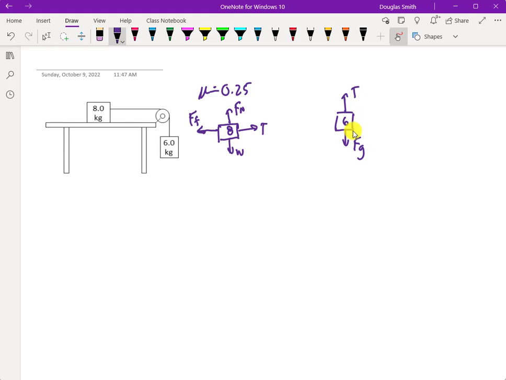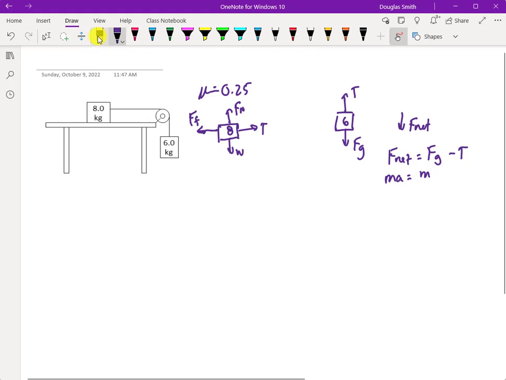We'll start with this one because we can kind of figure it out: we know the mass, we know Fg, so we can solve for T. If this thing's moving down, if there's a net force acting down, then F net is equal to Fg minus T, and that equals ma. To make it easier, let's say g is 10 newtons per kilogram.